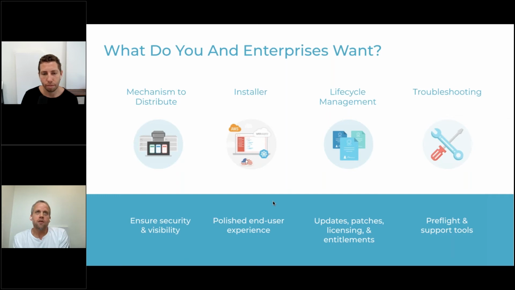I think the first part is you need a mechanism to distribute that software. You need to think about how you are going to ensure that you can distribute it to any number of enterprises at scale, securely, meeting their criteria. You don't want to distribute one-off credentials to everybody, and you need to be able to have a license so that you can ensure that they're using it, and when their license expires, it no longer works. You have some kind of ability to package that application up and run it in various environments, including the hardest environments, right?